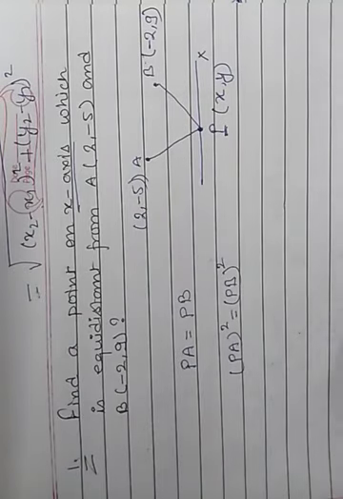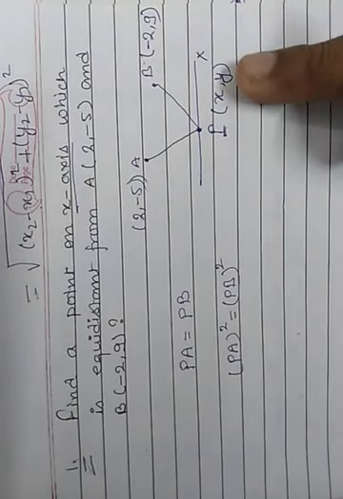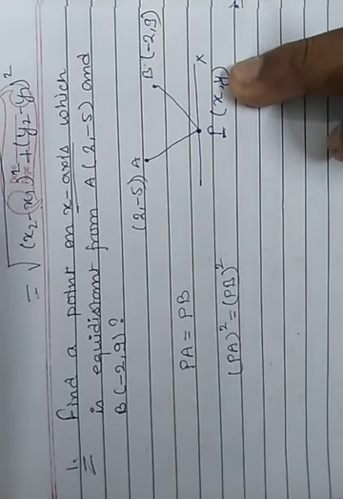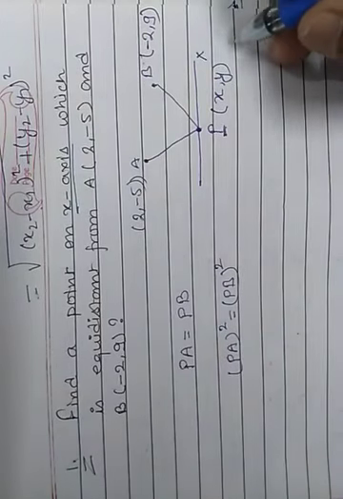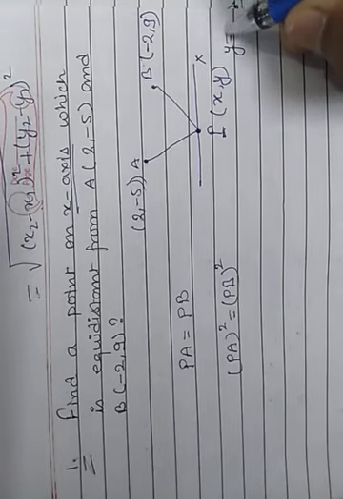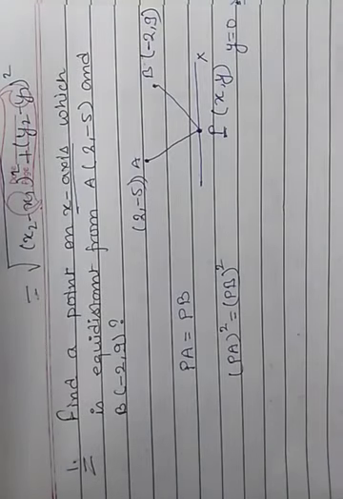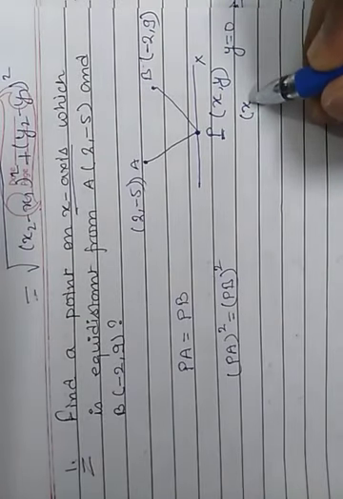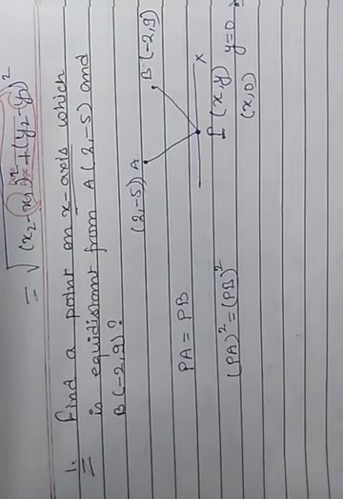Now just remember one thing, that if a point is on the x-axis, then its y coordinate is equal to 0. If a point lies on the x-axis, then its y coordinate is 0. So this point is x, 0.